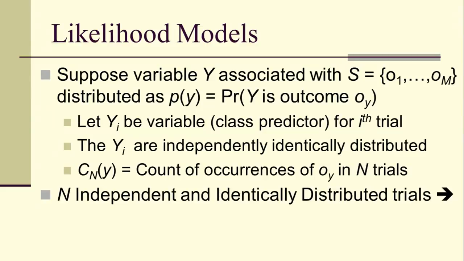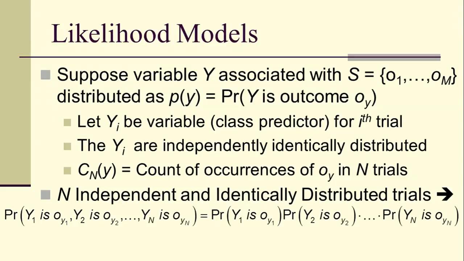occurs in n trials. Now, by independent and identically distributed, we get that the probability that we jointly have capital Y1 takes the value O sub y sub 1, capital Y2 takes the value O sub y sub 2, all the way up to capital Y sub n takes the value O sub y sub n, is the product of the probabilities because of the independence: probability of Y1 being O sub y1 times probability that Y2 is O sub y2, all the way up to the probability that Y sub capital N is O sub y sub capital N. And these are all the same distribution, that's the identically distributed, so we get the product of the P's.